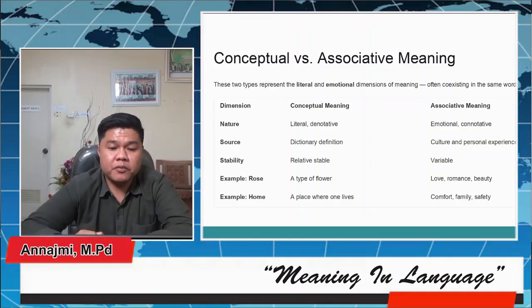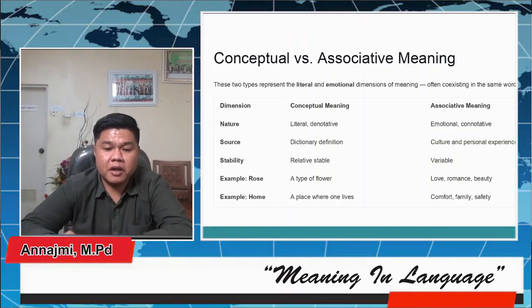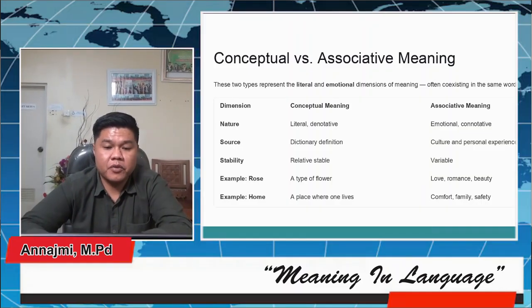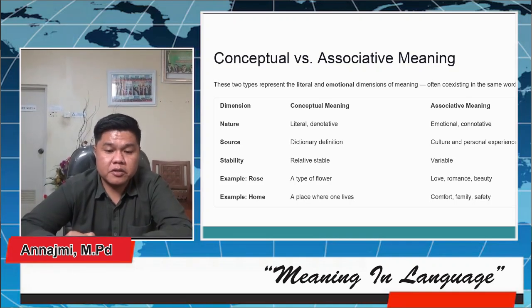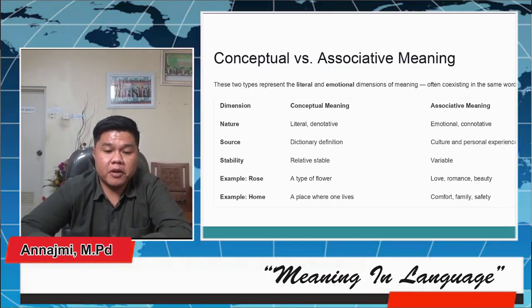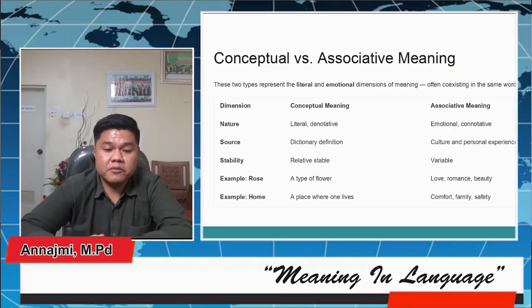Now, let us compare conceptual meaning and associative meaning. Conceptual meaning is literal and relatively stable. Associative meaning is emotional and highly variable. Conceptual meaning comes from dictionary definitions. Associative meaning comes from personal experience and cultural understanding.